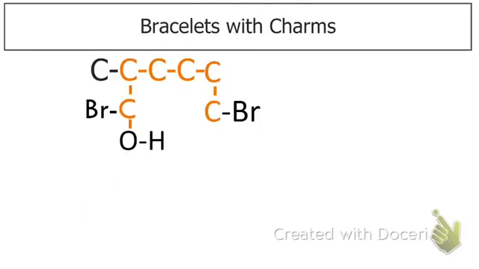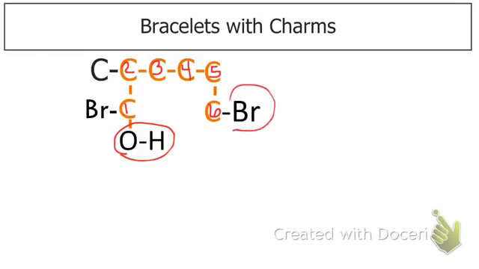Let's look at this one. Again, the alcohol has priority. So this is carbon 1, 2, 3, 4, 5, 6. Now let's look at our charms.